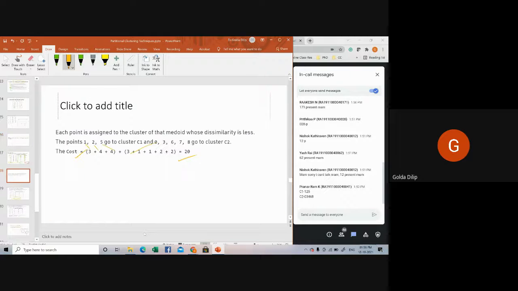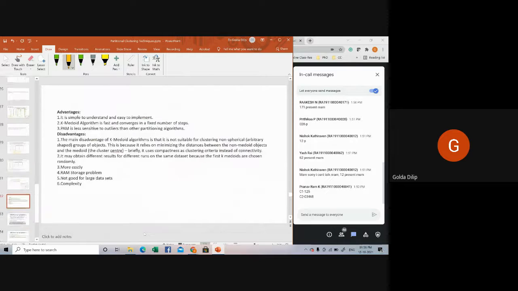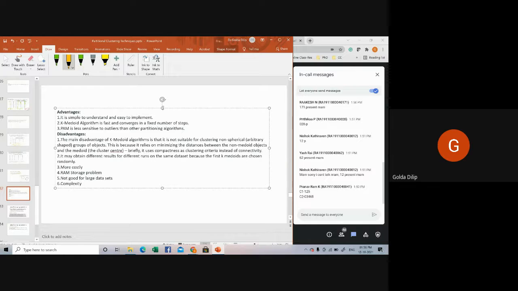So now moving on to the advantages and disadvantages. This algorithm is considered more robust than the K-means clustering technique. It's simple, easy to understand, easy to implement, fast to converge, and less sensitive to outliers because we're not considering the average value.